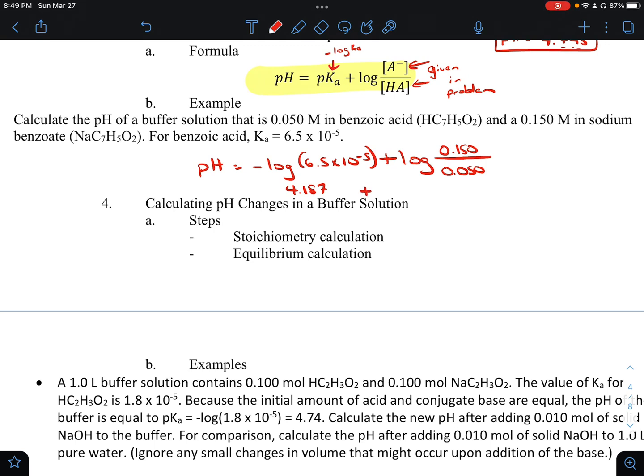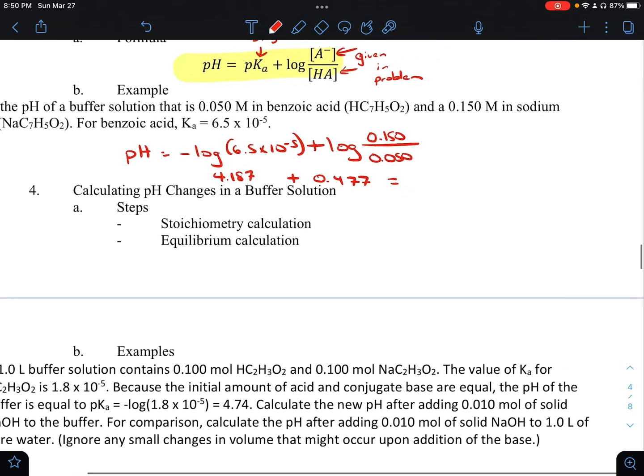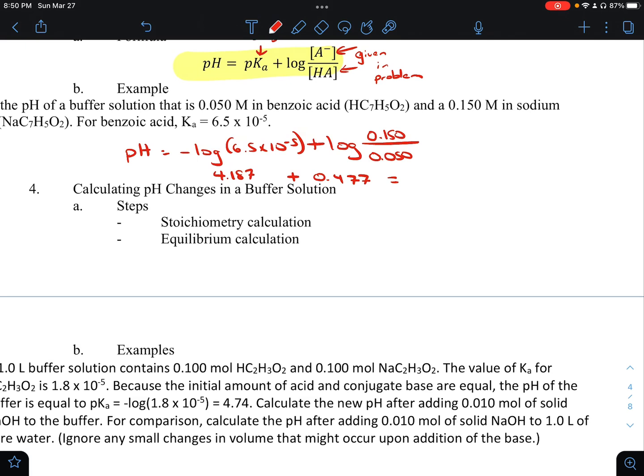And then we take 0.15 divided by 0.05, and then take the log of that, and we get 0.477. We add those two together, and we get 4.66. Our pH is going to be 4.66 there.